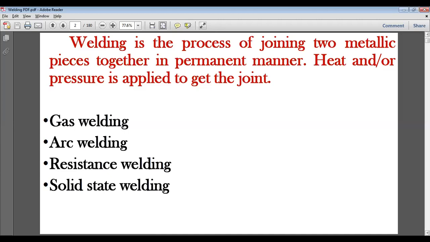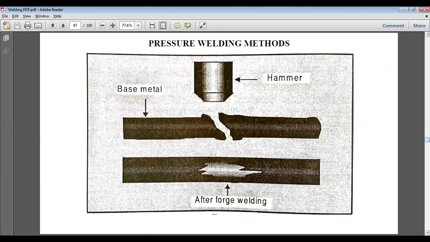We discussed how heat is produced by resistance in an electrical circuit, and then how solid state welding is done. These are the pressure welding methods, in which we apply pressure in order to join two metals.